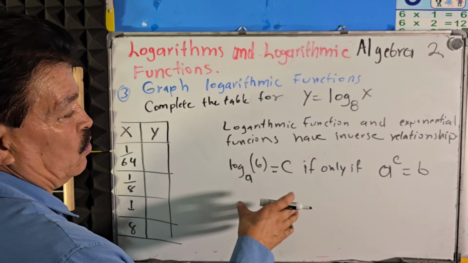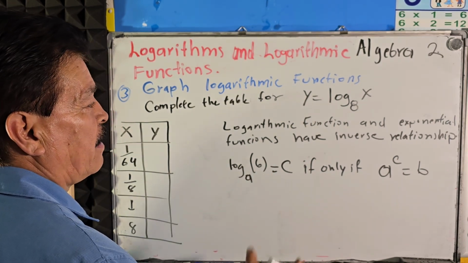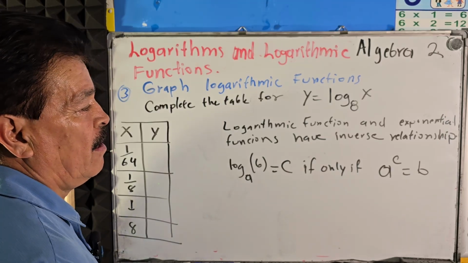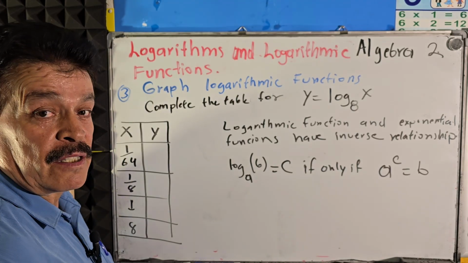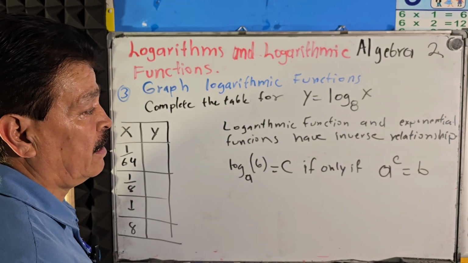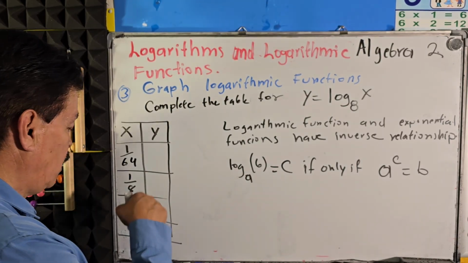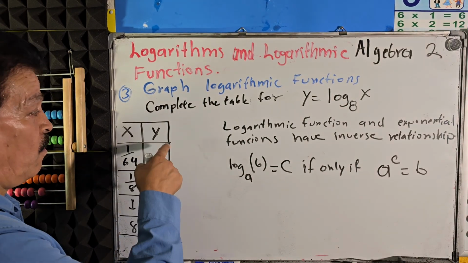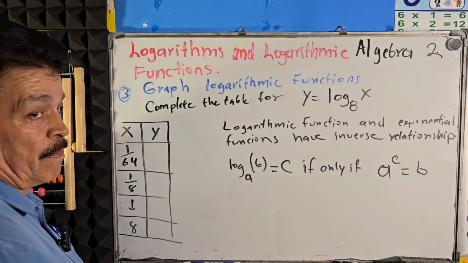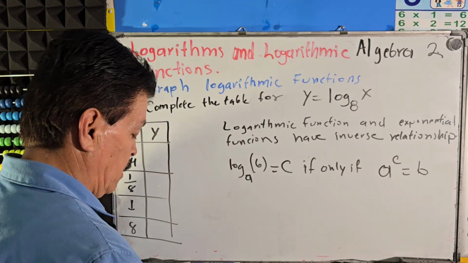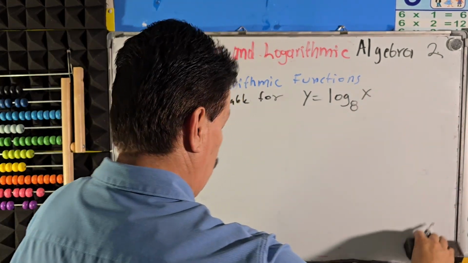Now, once we know the rule, that the logarithmic function and the exponential function have an inverse relationship, then our formula is ready to find each value for y using y equals logarithm of x with the base a. So okay, ready to solve.